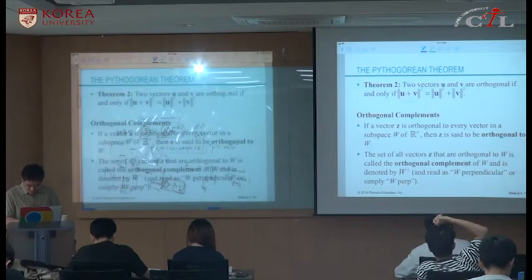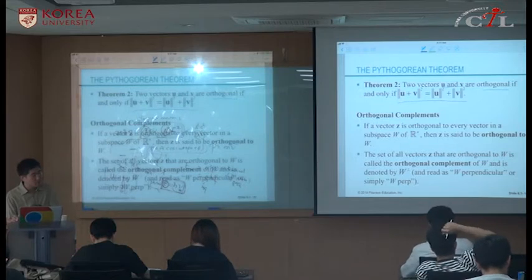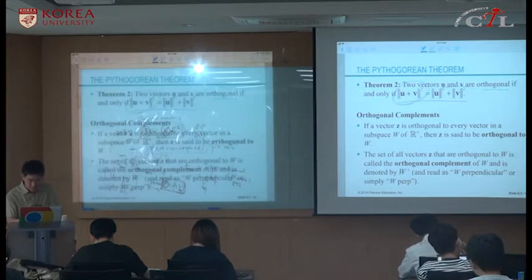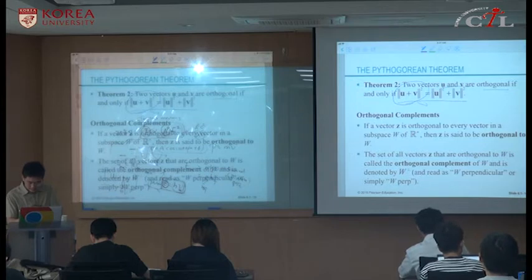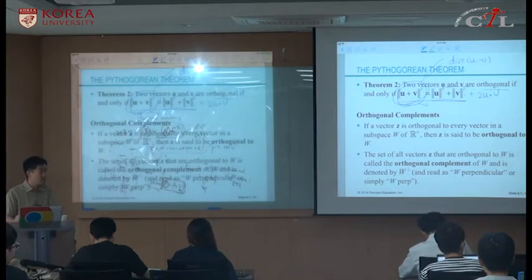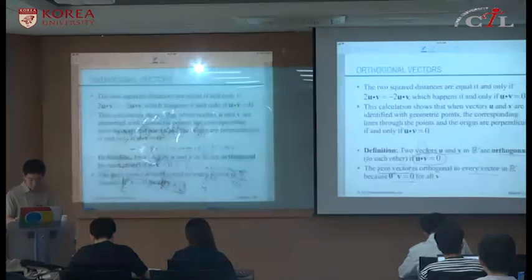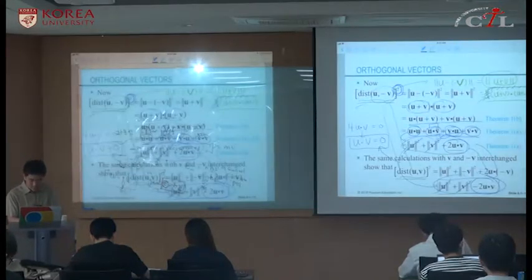And if the two vectors are orthogonal, then this guy is represented as this guy plus 2 times u dot v, right? Because this guy was what? This between u and minus v, right? And this guy was found over here, right?